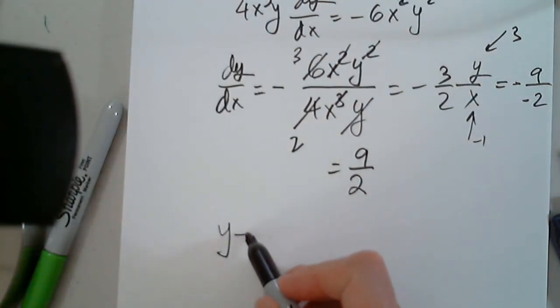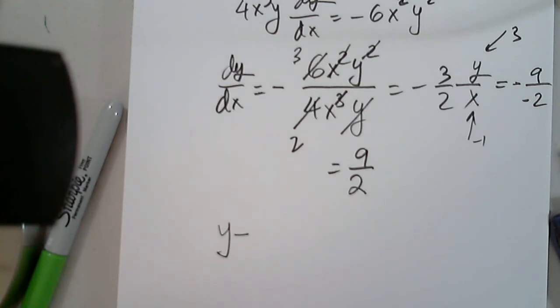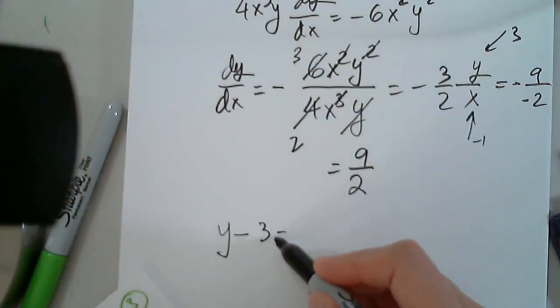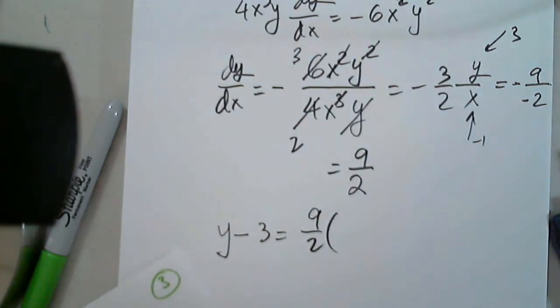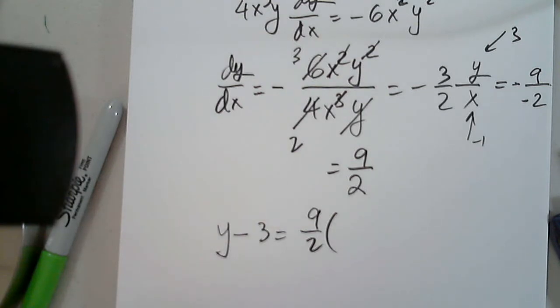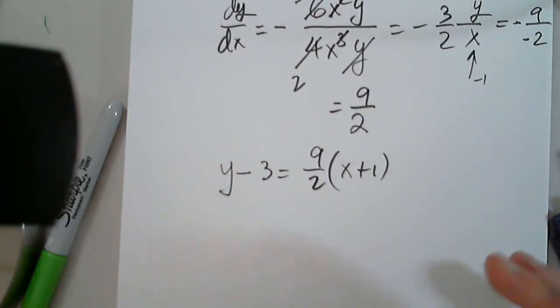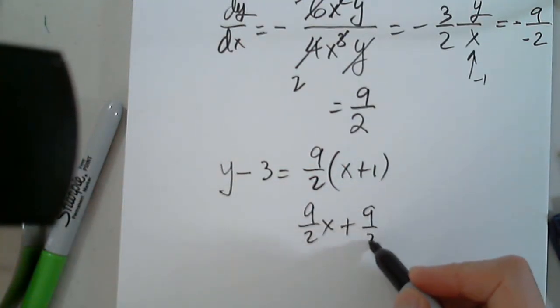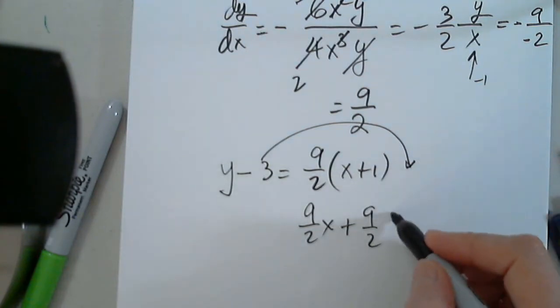If I'm asked to find the equation of the tangent line, no problem. I will have y minus y1, y minus 3 equals the slope, and then x minus negative 1. So that will be x plus 1. Can I find the equation of the line? Yes. I will distribute: 9 halves x plus 9 halves and plus 3.